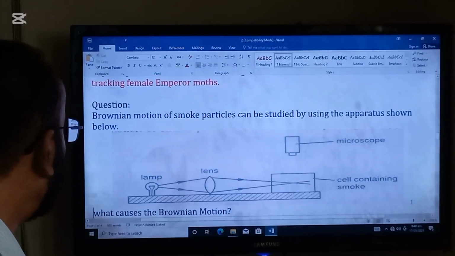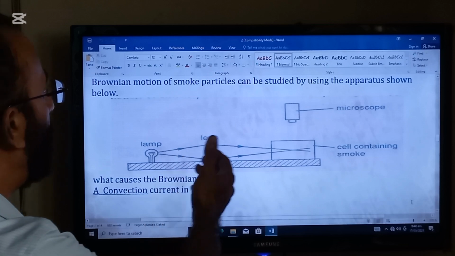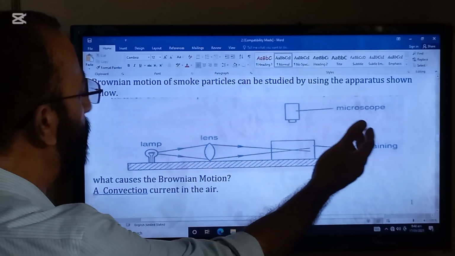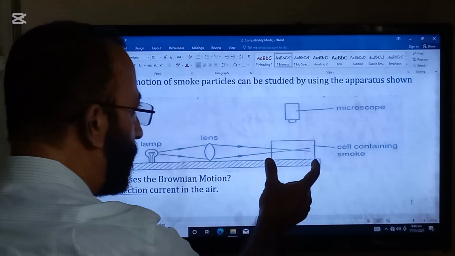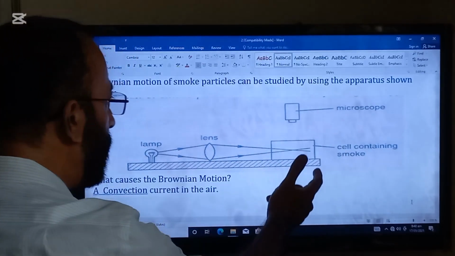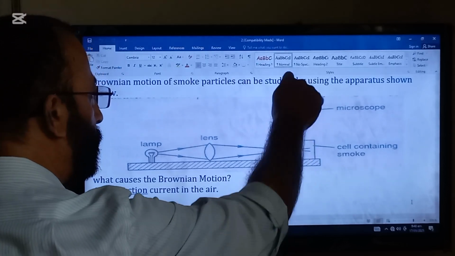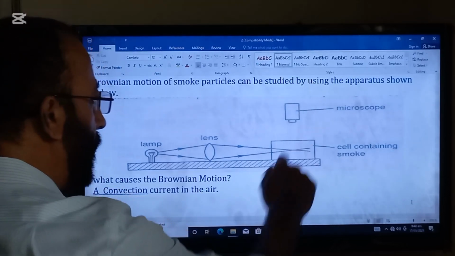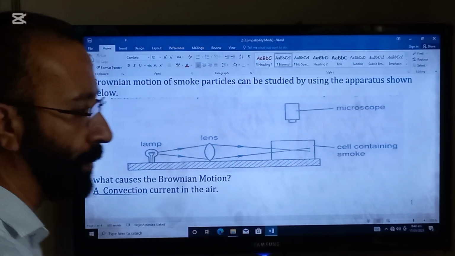Here is a question. Brownian motion of the smoke particles can be studied by using the apparatus shown below. Here is the apparatus. This is a cell containing smoke particles and air particles. Here is a light source. Here is a microscope through which an eye can see into the box. What causes the Brownian motion?